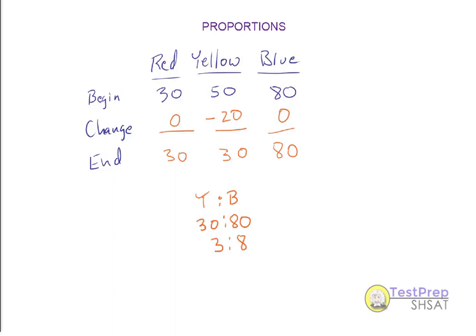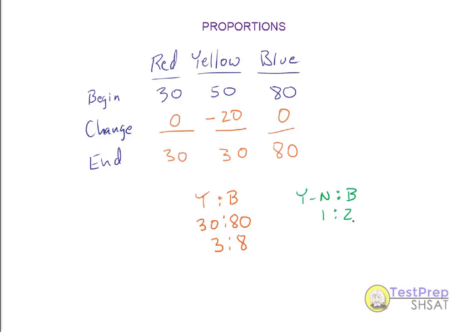Alternatively, they could give me a final proportion and ask me to figure out how many yellow are at the end. So they could tell me yellow to blue at the end is 1 to 2. So I could say yellow minus some number n to blue is 1 to 2.